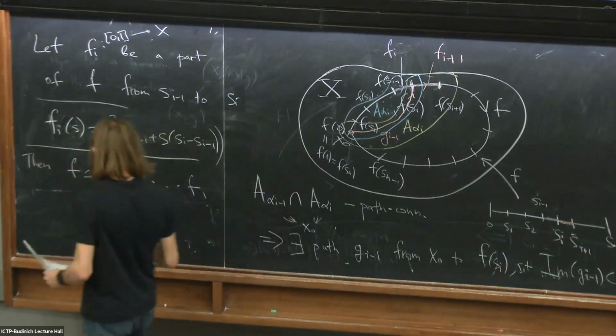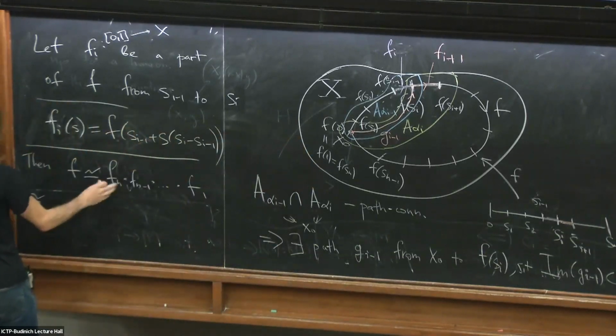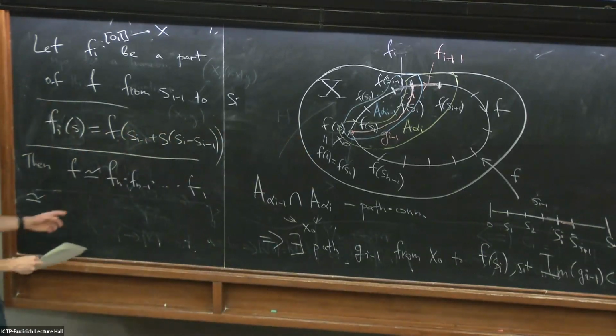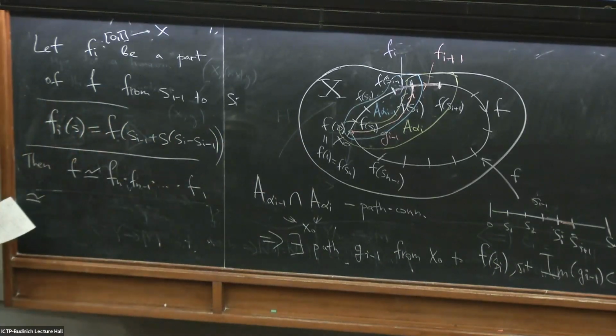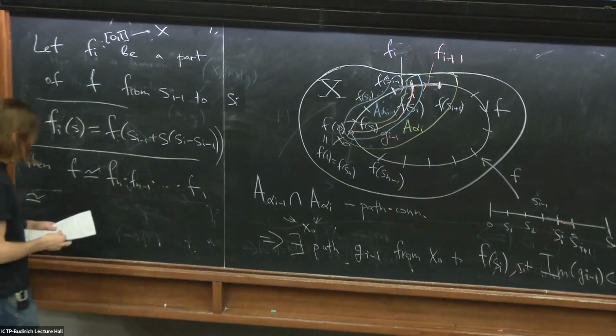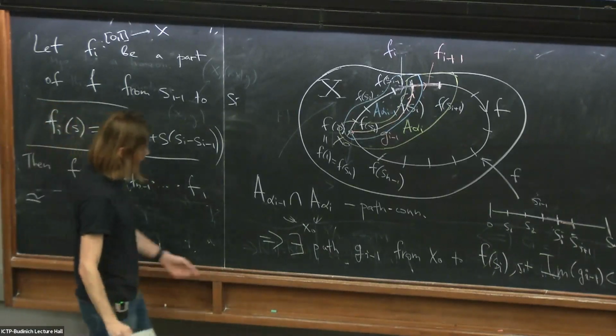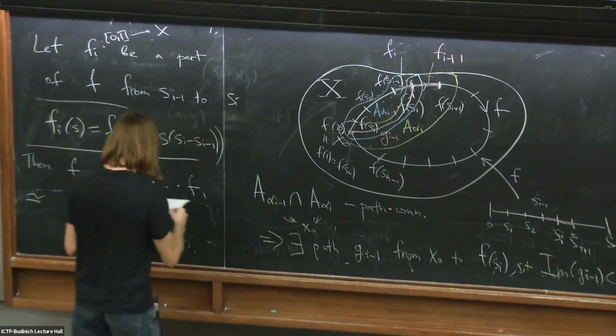And then, as usual, again up to path homotopy, we can do some sort of insertion of trivial paths composed of the paths g i's and their inverses.